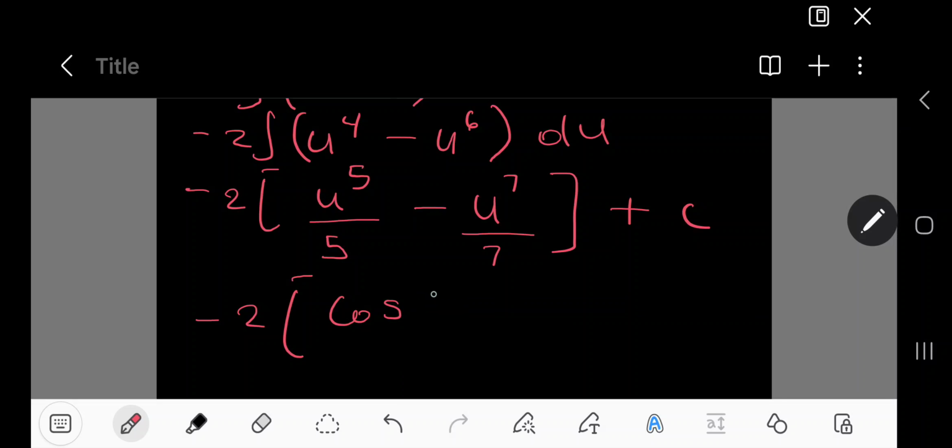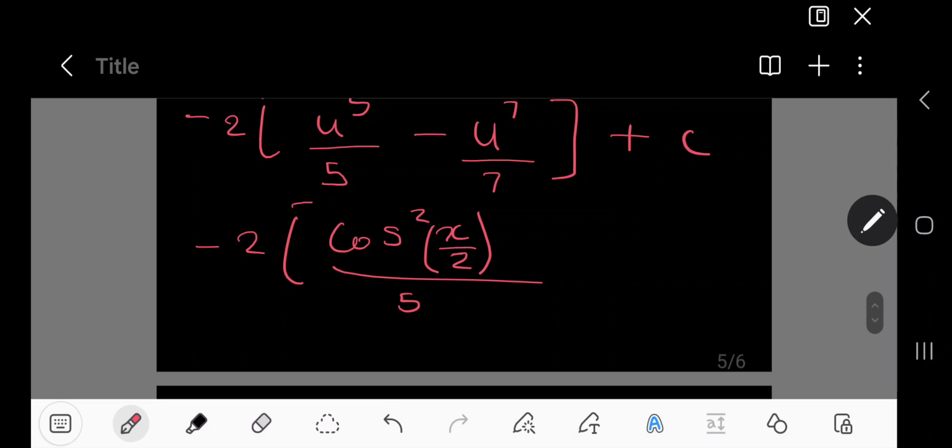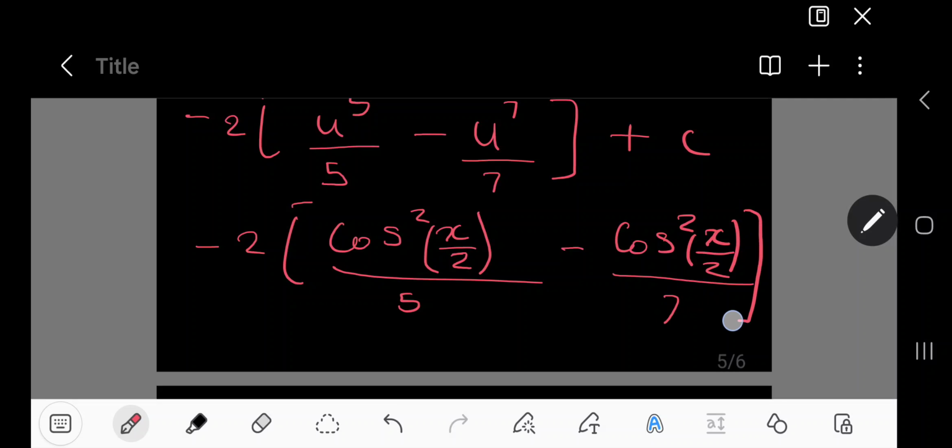So we'll say cos squared x over 2 all divided by 5 minus cos squared x over 2 divided by 7 plus c.